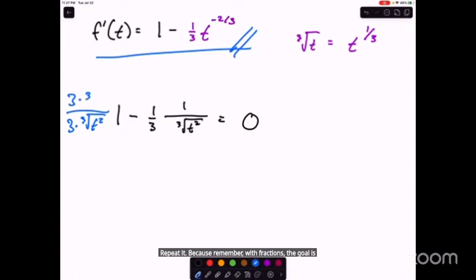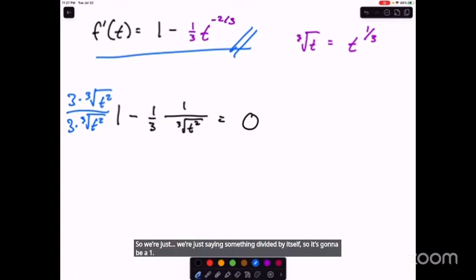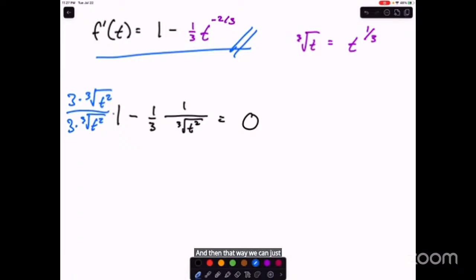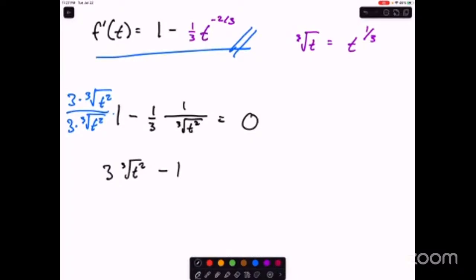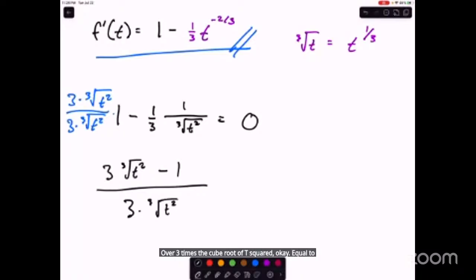Remember with fractions the goal is to have the same denominator, so we're just saying something divided by itself, so it's a 1, and then we can just subtract the numerators. So on top we're going to have 3 cube root of t squared minus 1, over 3 times the cube root of t squared, equal to 0.